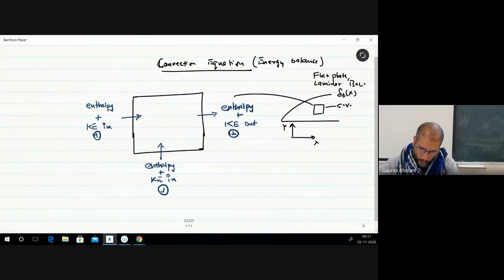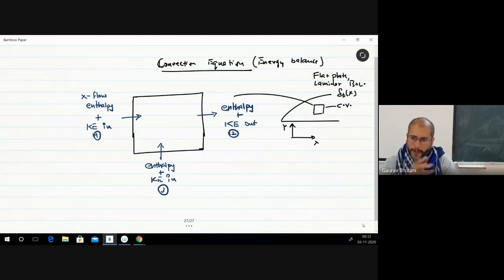And to differentiate 1 and 3, we'll call 1 the X flow enthalpy, okay? Because it's flowing through an area which is delta X times the width of this control volume.